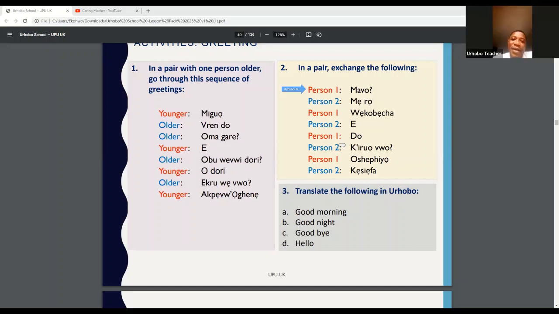Yeah, you see, language is developing. Before the era of social media, Urhobo doesn't have the word good morning and good afternoon. We don't normally use them. But as people interact with other people, because we say good morning, if I tell you good morning, I would like to say it in Urhobo.